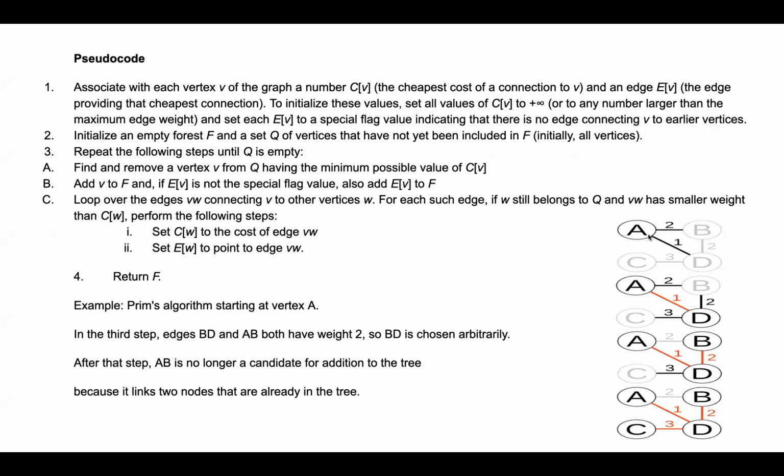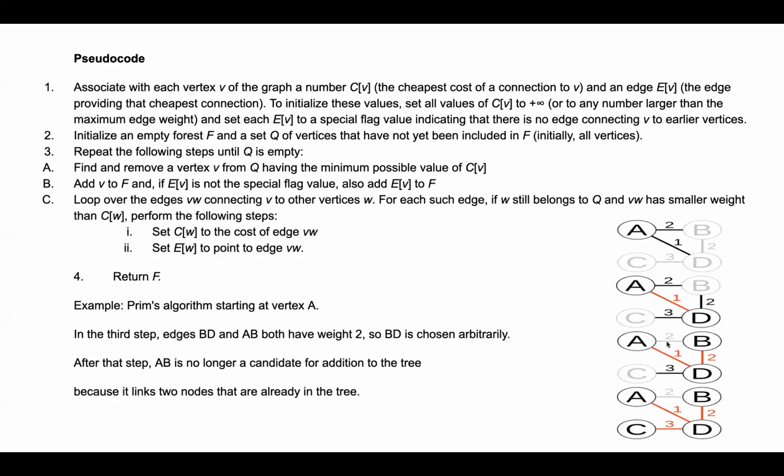we are going through in the graph. Then from A, here it was 1 and 2, so we took A to D, which is 1. Then from D to B it is 2, D to C it is 3, so we took D to B, which is 2. And then from B or from D we can start from anywhere.